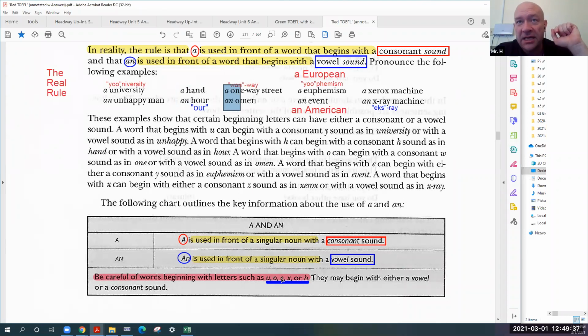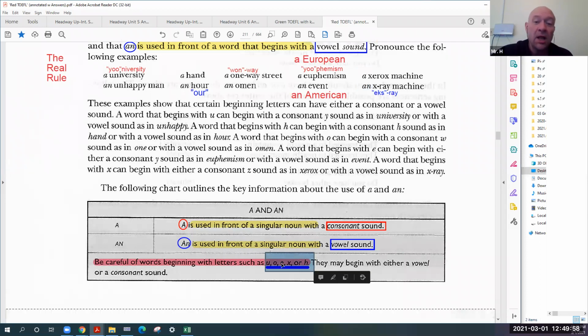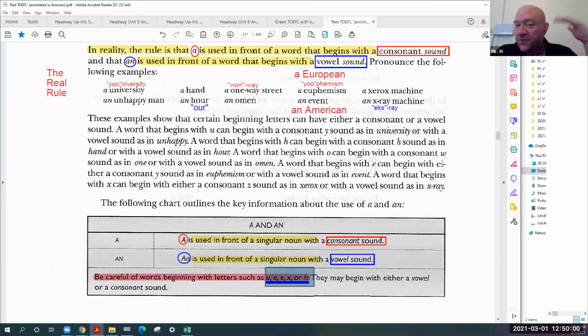The letter E, maybe a vowel sound, maybe a consonant. And of course the last one is X. So just remember these letters: U, O, E, X, or H. These are the ones you'll have to be careful with. Don't worry about all of the letters in English, just remember these.